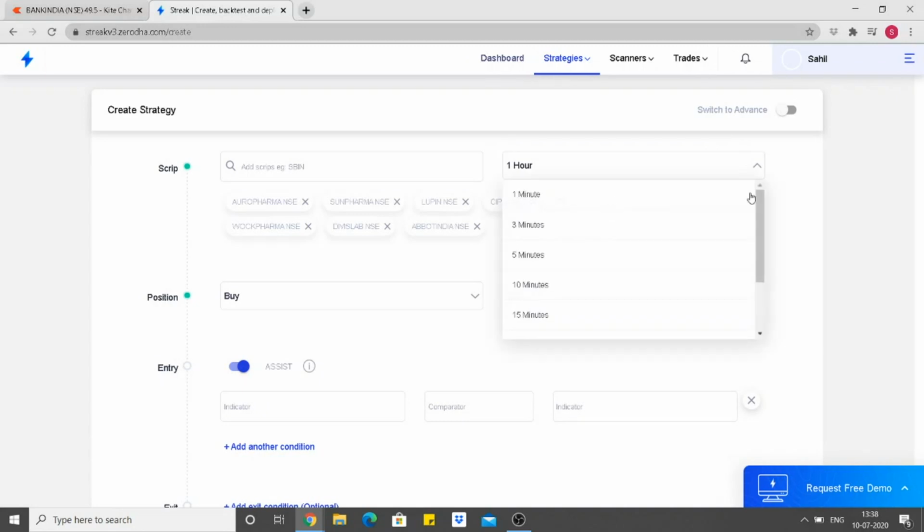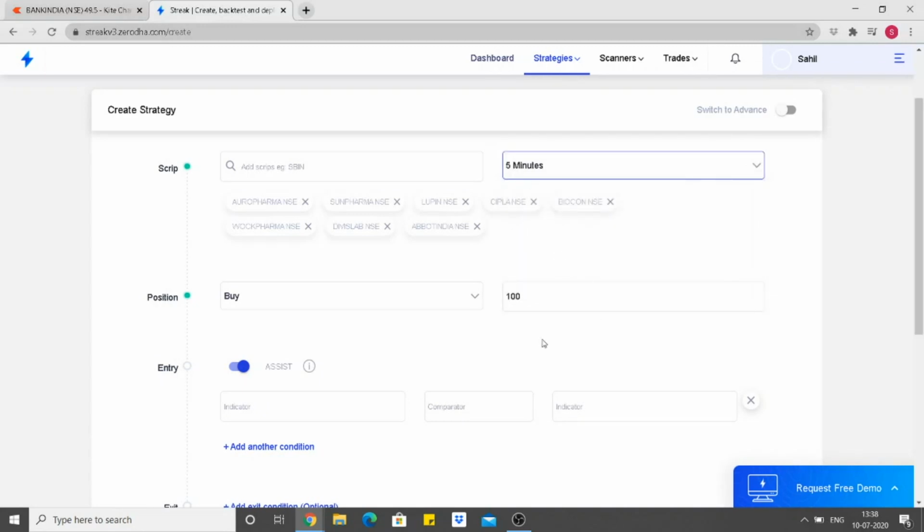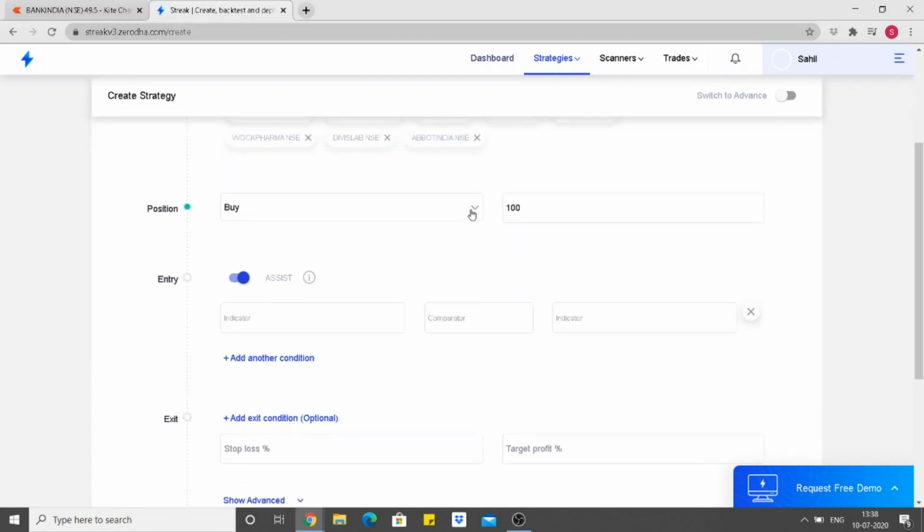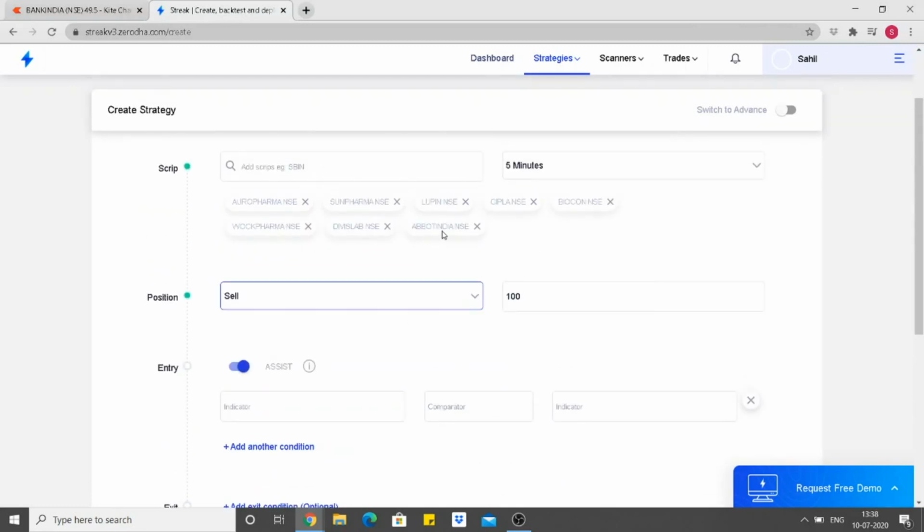We choose the time frame as 5 minutes since this is an intraday strategy, right? It's going to be a sell strategy. So if you see, pharma stocks have been really bullish lately, right? They've had a bullish outlook on them, but we'll still make a sell strategy to show you an example of how counter trend strategies can also be created and deployed.